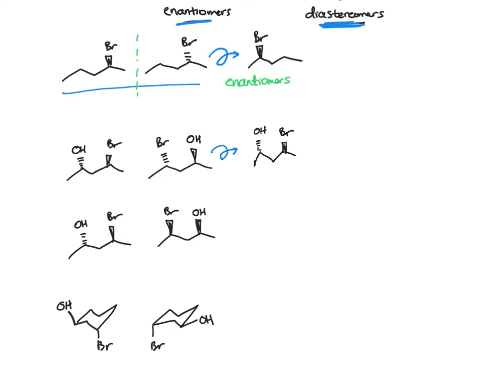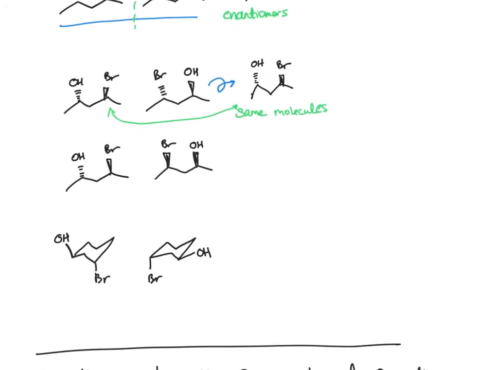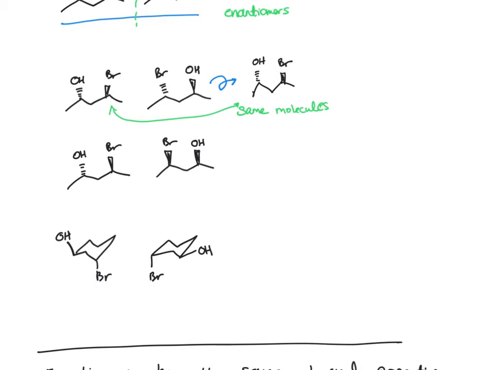And what do you see here? What is the relationship between these two molecules? In fact, these are the same molecules, so they are not stereoisomers. In the third set, let's rotate that second molecule.